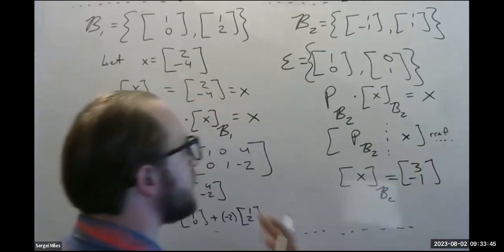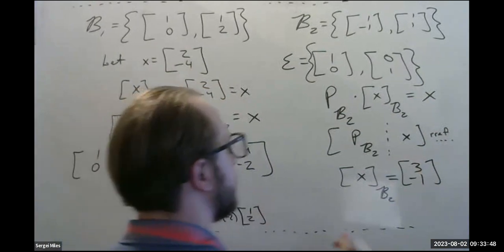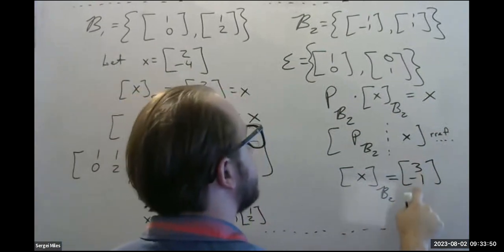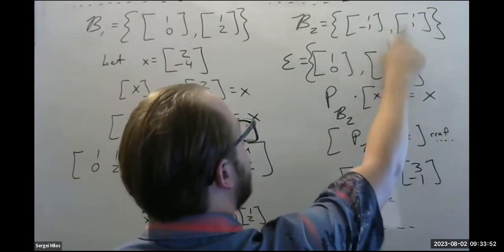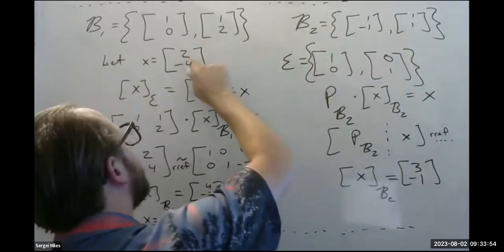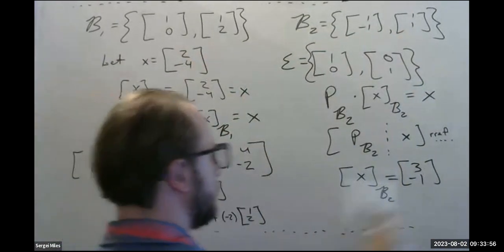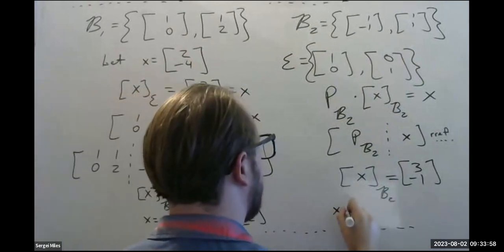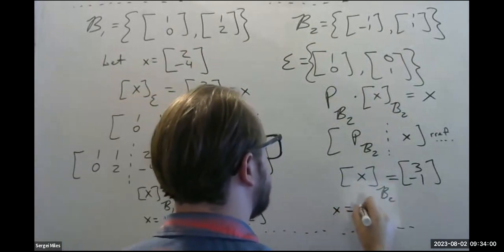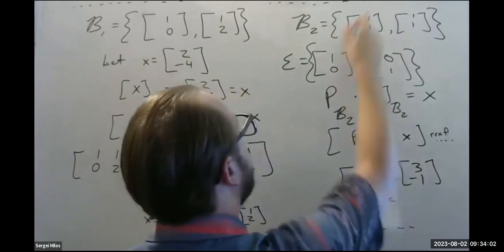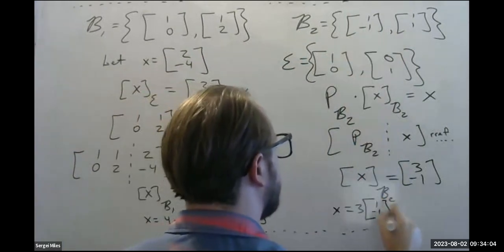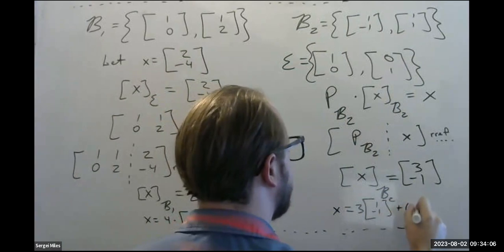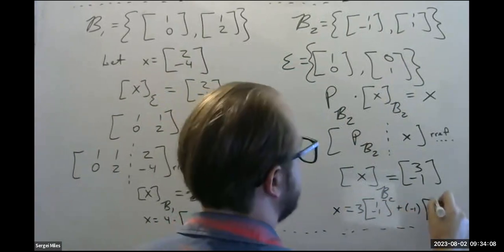And we can double check, does this answer make sense? Well, this is saying this is how long each of these vectors have to be turned on in order to reach 2, -4. So does that work? Well, this claims that x equals 3 times 1, -1 plus -1 times 1, 1.